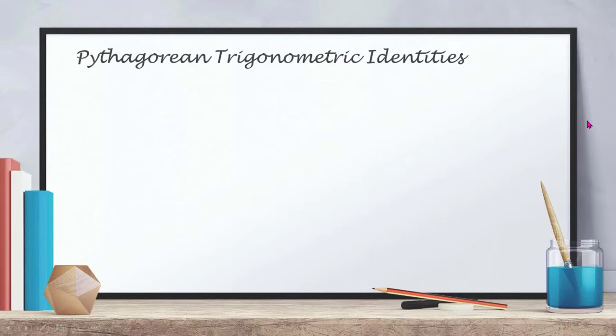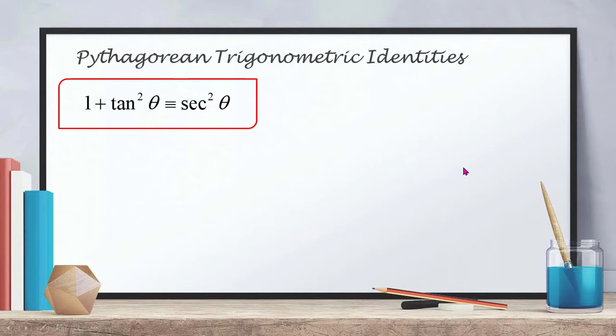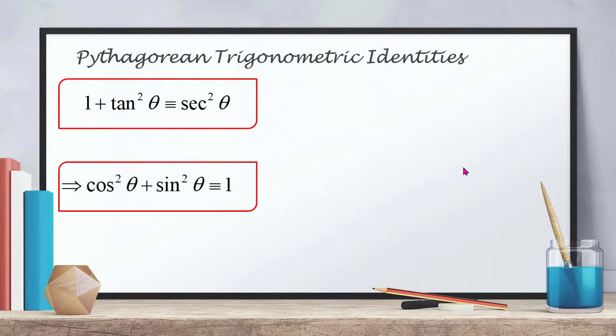Our second Pythagorean identity is 1 plus tan squared theta being identical to sec squared theta. We derive the second Pythagorean identity from our first derived Pythagorean identity, which is cos squared theta plus sine squared theta being identical to 1.